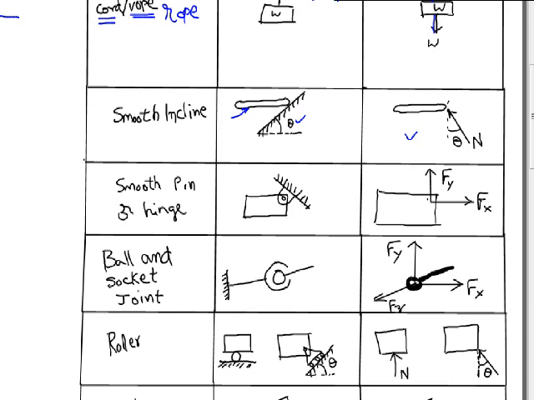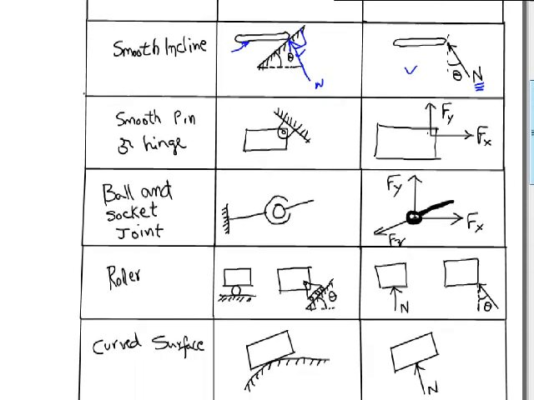While drawing a free body diagram, supports do not appear on it. And this is the normal force N. This force is perpendicular to the inclined plane. So if this were to be the force N, this N will be perpendicular to the inclined plane.